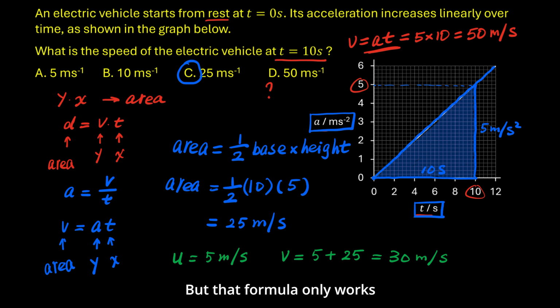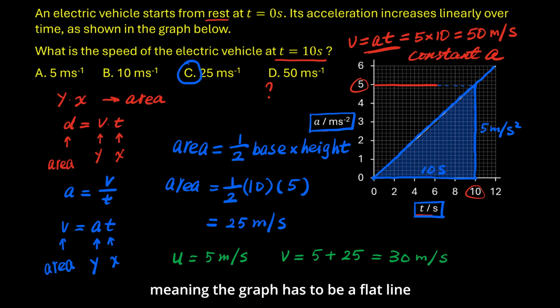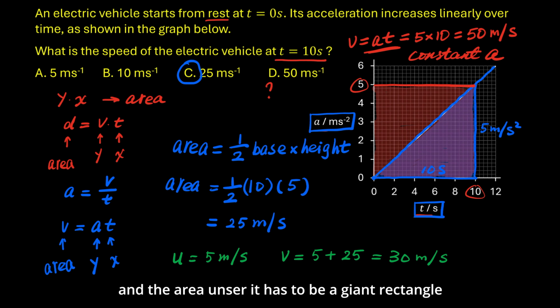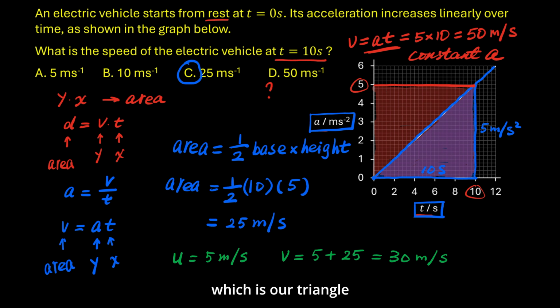But this formula only works if the acceleration is constant, meaning the graph has to be a flat line, and the area under it has to be a giant rectangle. A rectangle literally doubles the area of our triangle. So taking half of that rectangle, which is our triangle, gives us exactly 25 meters per second.